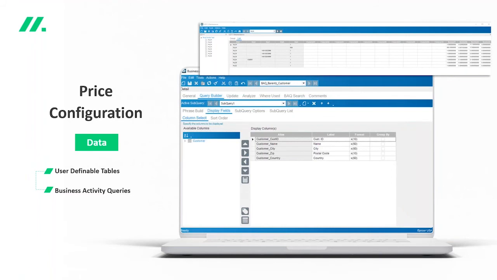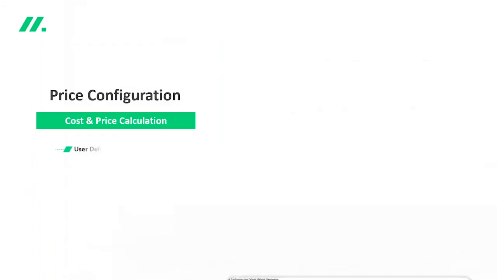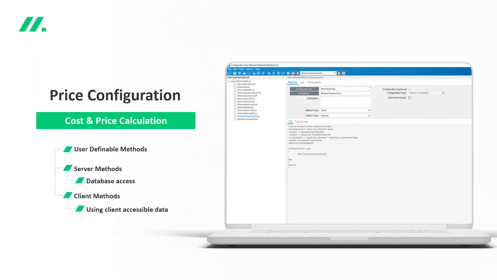Okay, so that data approach was based on the user definable tables. Then, I discussed this briefly before, but the whole configurator is based on user definable methods in this case.